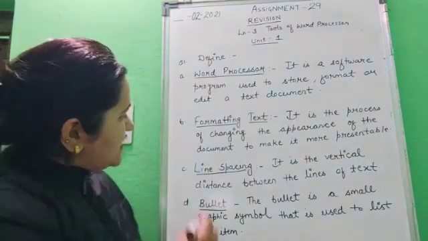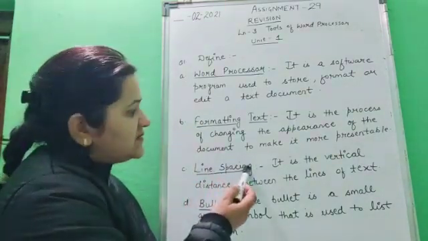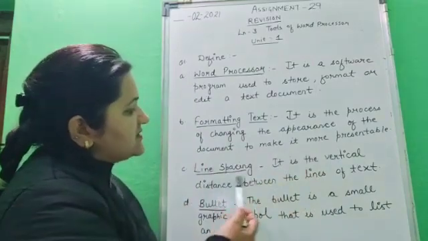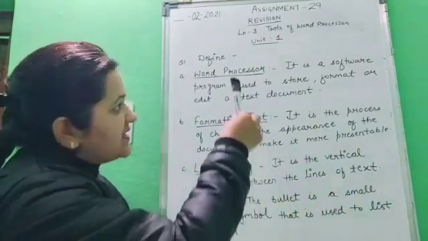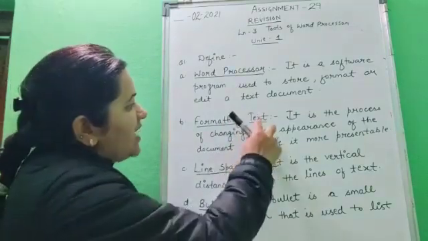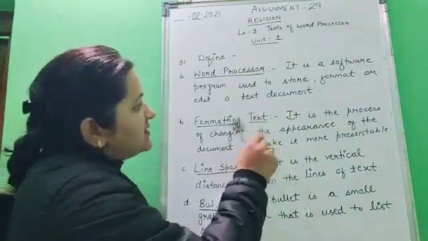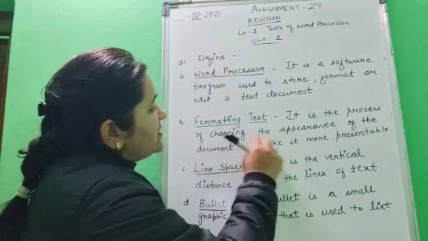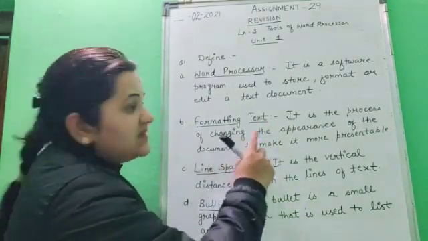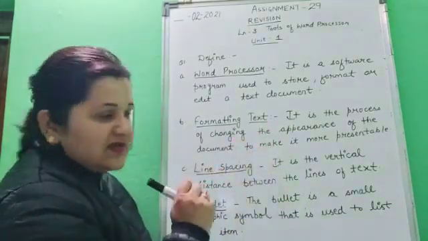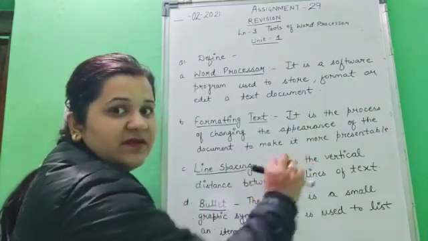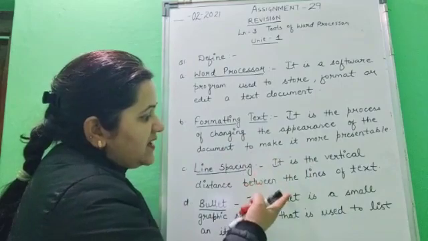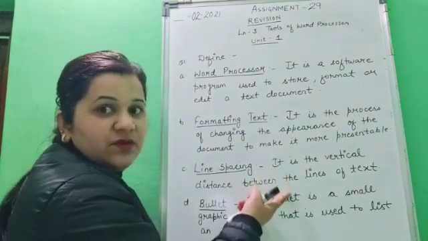Okay, now next comes line spacing. What is line spacing, children? It is the vertical distance between the lines of text. Now what is vertical? Vertical means like this, in standing position. Suppose I have written these 3 lines over here. The space in between these sentences, between these lines, is known as vertical line spacing. This much space I have given between these 2 lines.